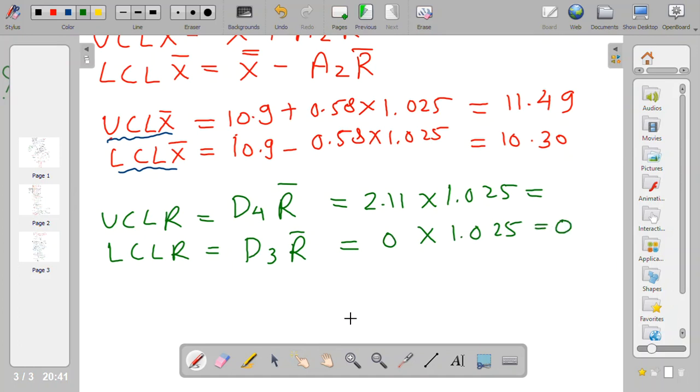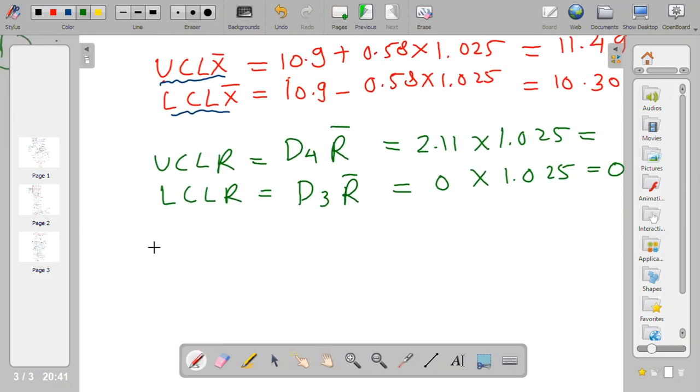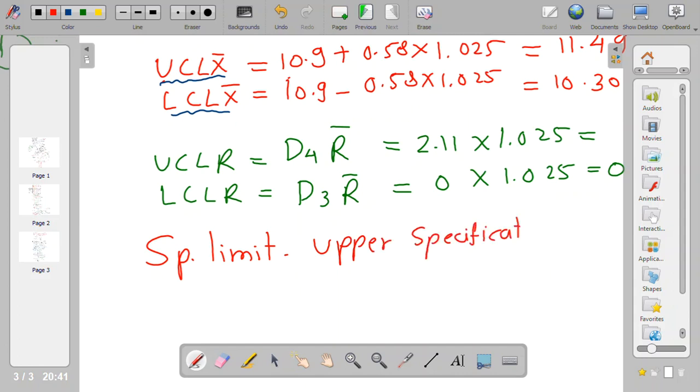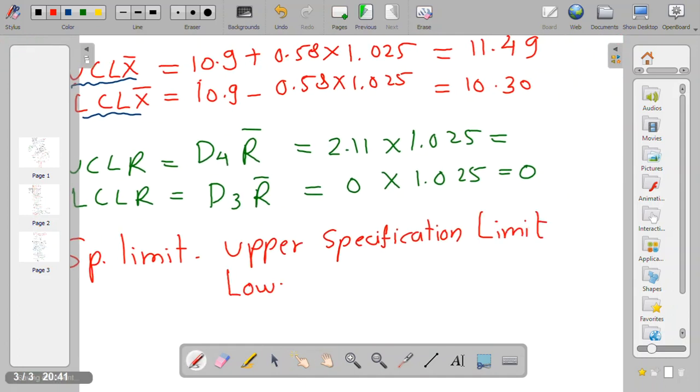Now they have also given the specification limits. Write here upper specification limit and lower specification limit.